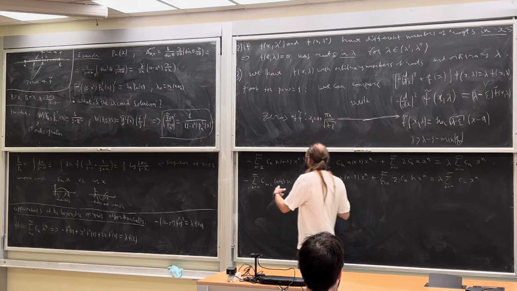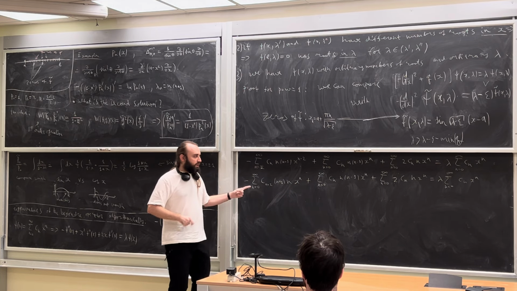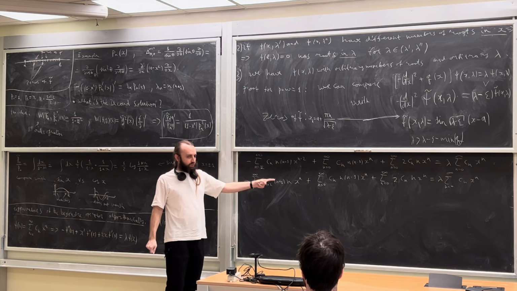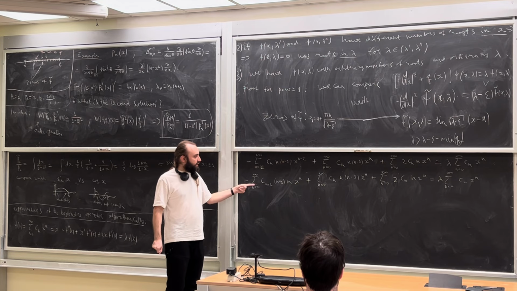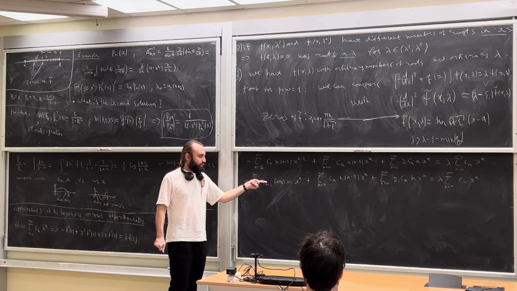So now we can collect all the terms in front of x to the n and say that if this equality holds, then it should hold in each order of n.